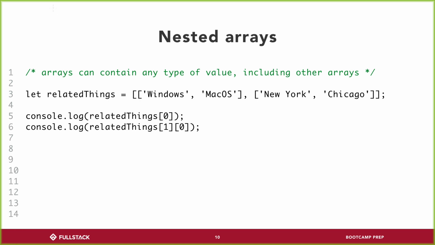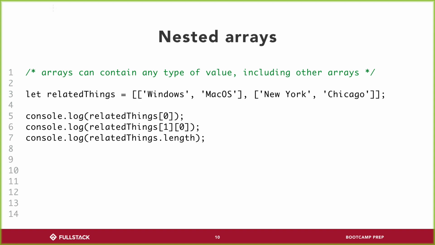It would be an array of Windows, Mac OS, and the second thing would be New York. Yep. So this can be infinite, meaning that an array could have another array that could also have another array, and this could just go on forever and ever. Theoretically.